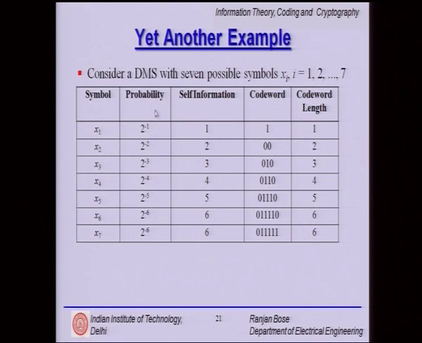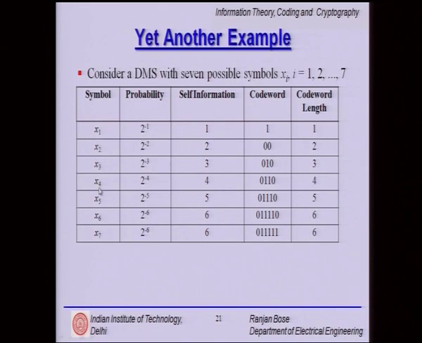Suppose we do Huffman coding on it, we get this following prefix code. Now, we write the corresponding code word length side by side. What we observe is very interesting. Finally, the code word length, which has to be an integer, is the same as the self information, which is by design an integer. We have been able to finally map the code word length to the self information 1 to 1.